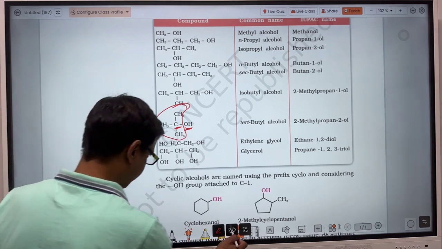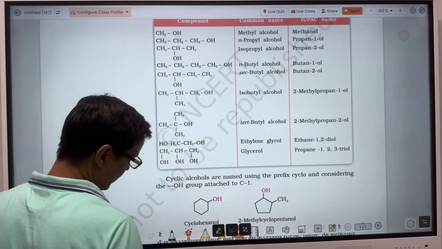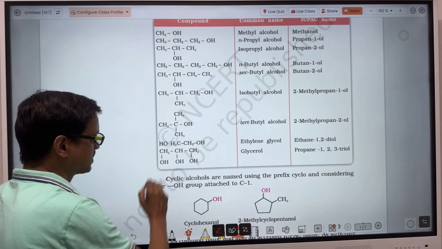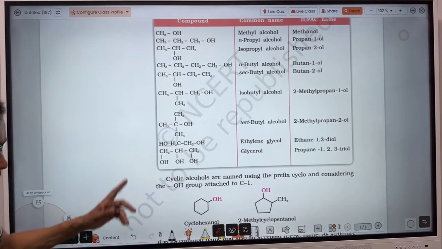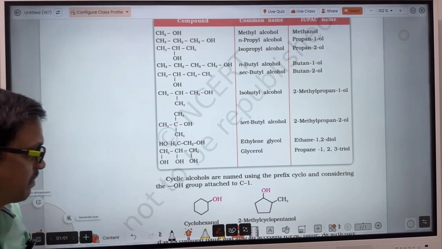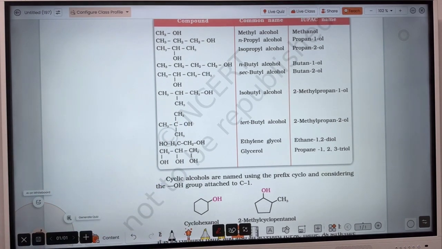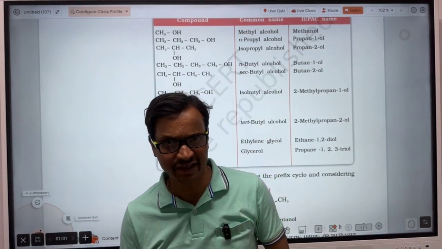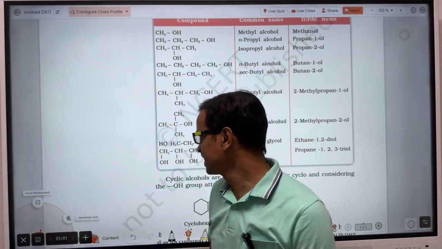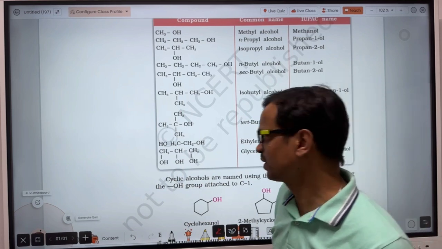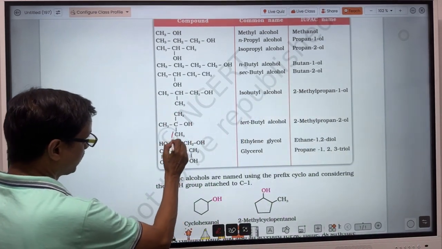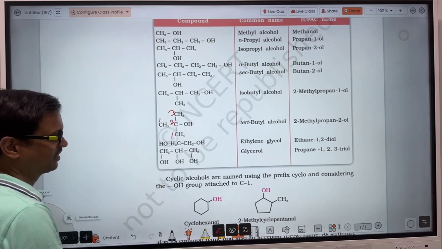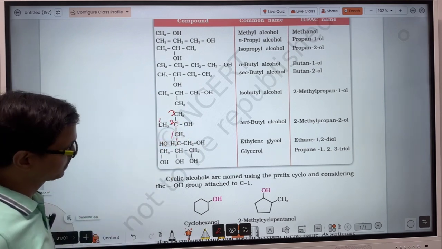And how to write the IUPAC name? You have to keep in mind that this carbon is bonded to the functional group, so this carbon must be included in the main chain. You have to select the longest carbon chain which will contain this carbon, and that is possible either way, 1, 2, 3, whatever you would like.